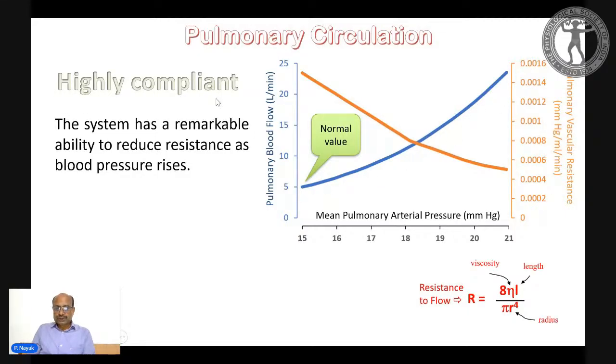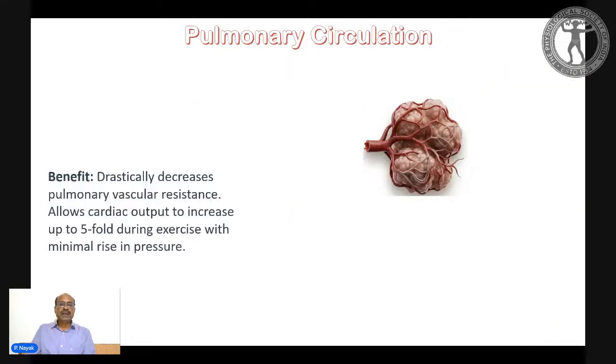So, because it is thin walled, with lower thickness and lower content of smooth muscles on the vessels, the pulmonary circulation is highly compliant.